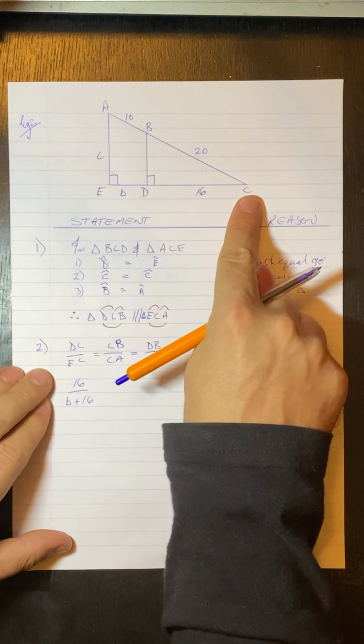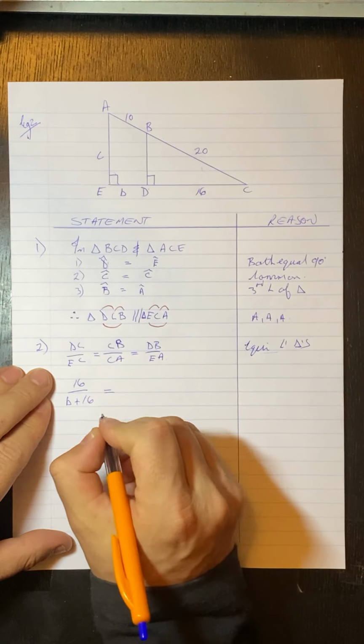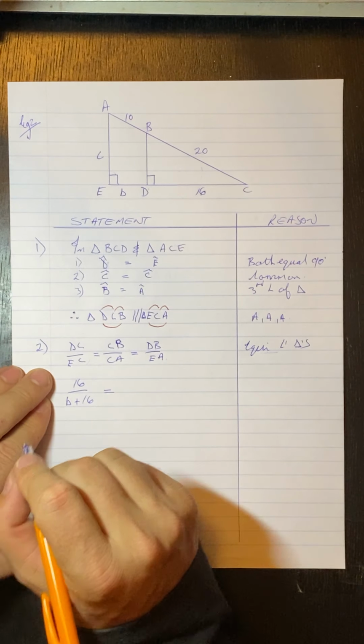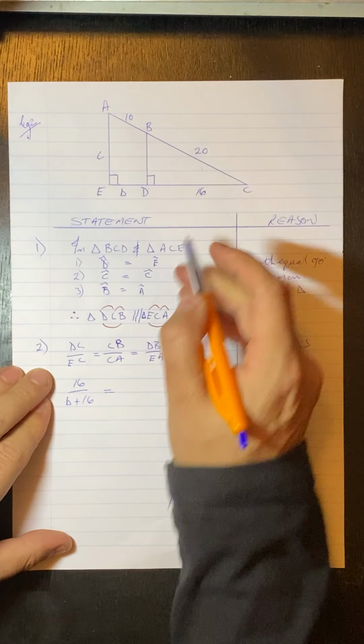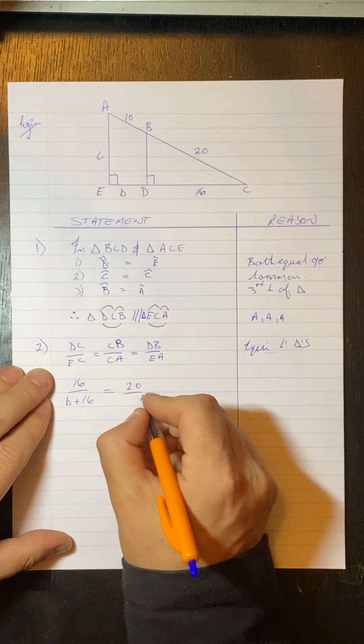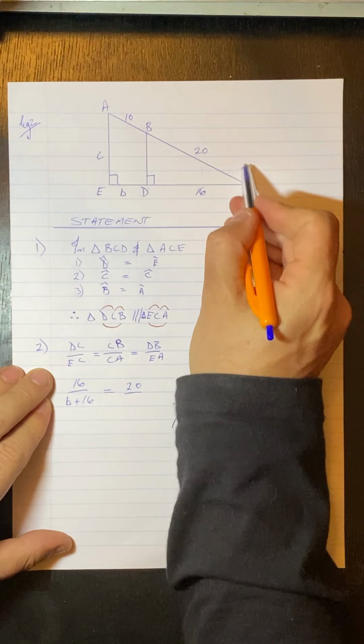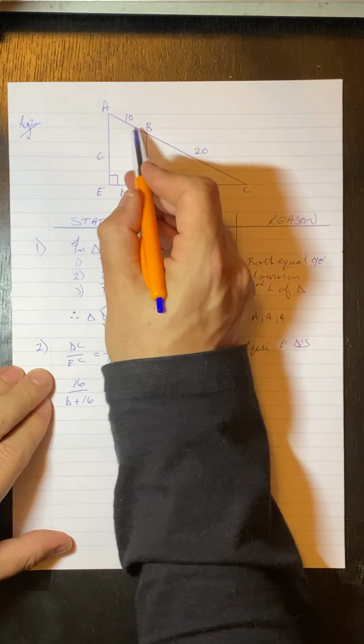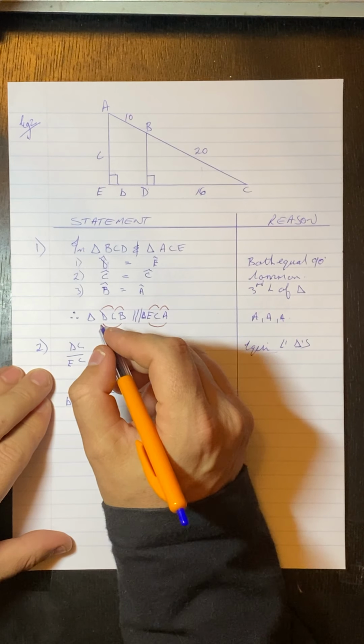That will be the total length of EC. Equals CB. CB is this one over here, which is 20 over CA. Now CA is that total length, so it's 20 plus 10, which gives us 30.